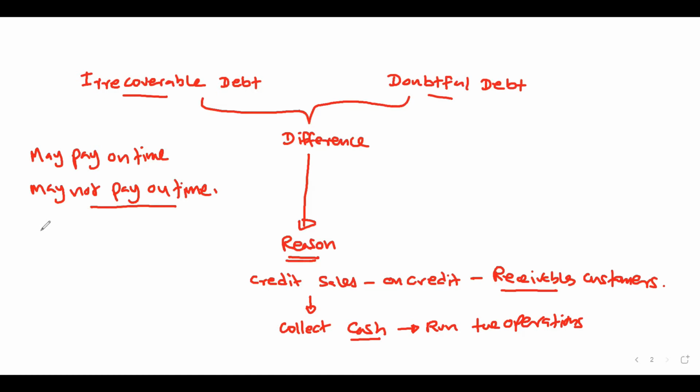Maybe the customer is bankrupt, so he is unable to pay. If the customer has died, we will not be able to collect the money. And sometimes customers might simply refuse to pay.